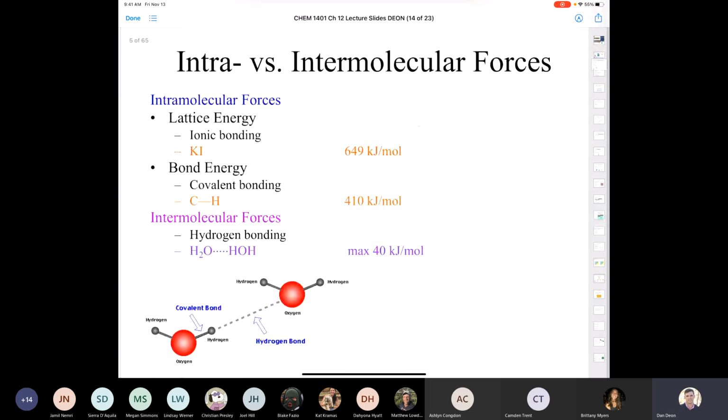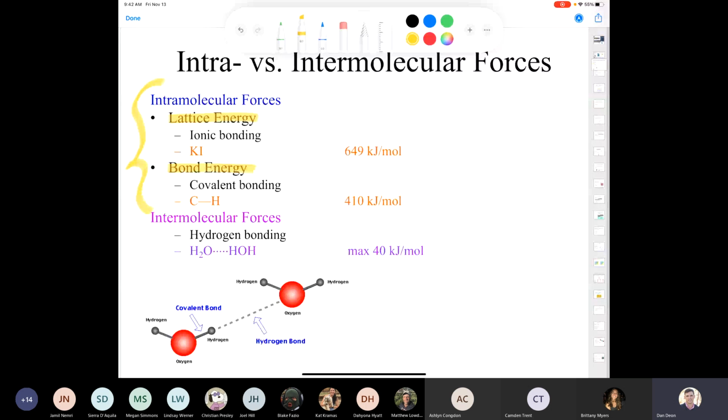Another comparison of intra versus intermolecular forces. And if you're like, well, Mr. Dion, I still haven't figured out what intermolecular forces are, don't worry, we're going to get there. I'm going to go through all of them with you. Let's go back to what we do know. What we do know are intramolecular forces, right? We know lattice energy in ionic compounds, and we know the bond energy in covalent compounds.